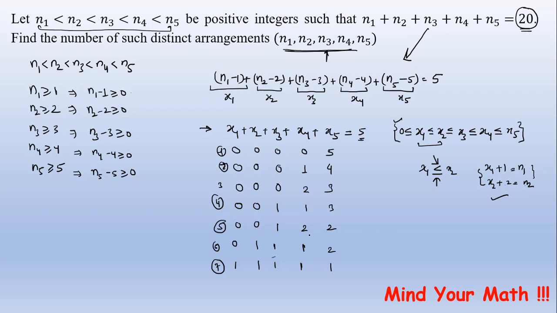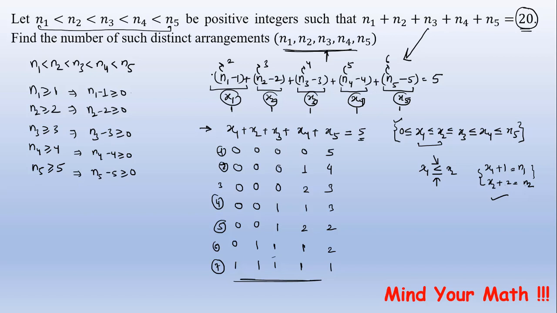Take any case here. Let's say the 7th case. If x1 is equal to 1, x2 is equal to 1, x3 is equal to 1, and x4 and x5 are also 1, it will imply what is n1? n1 will be equal to 2, this is 3, 4, 5 and 6.